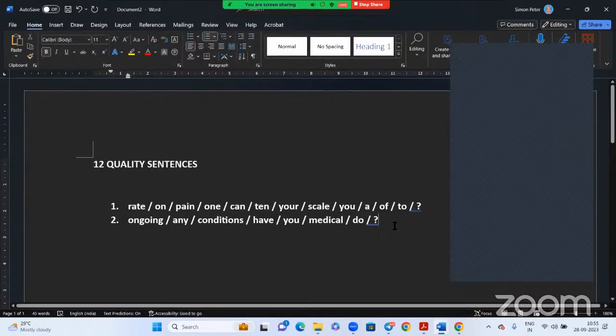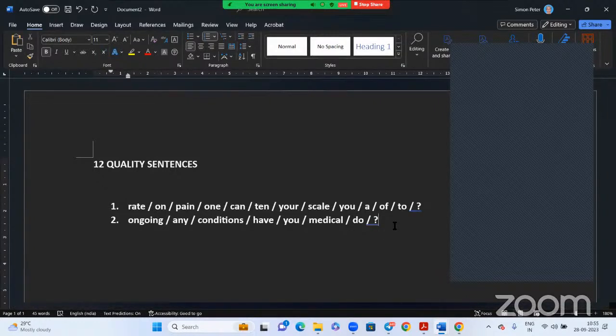Before writing your answer, write the number also, number 1, number 2, like that.